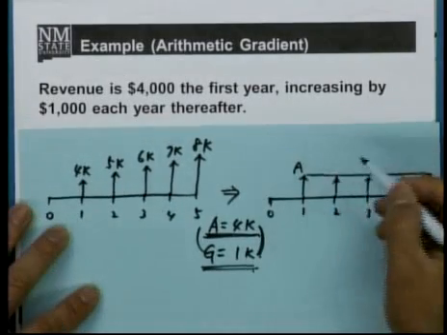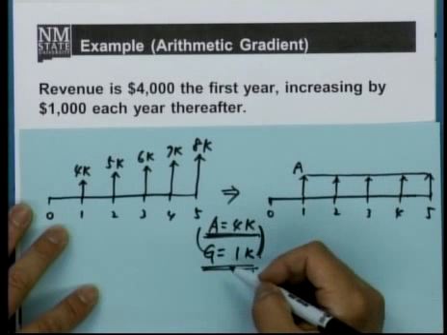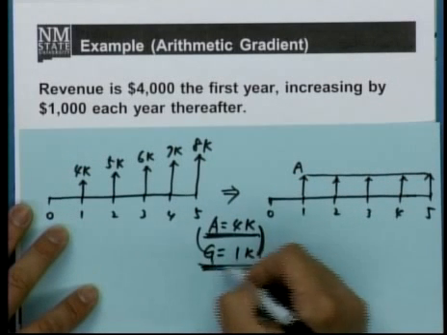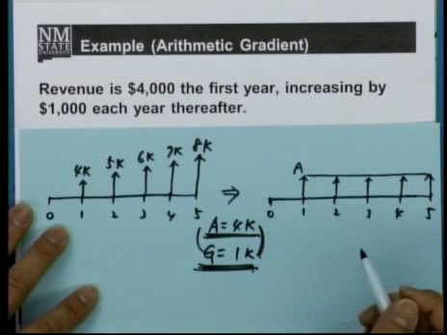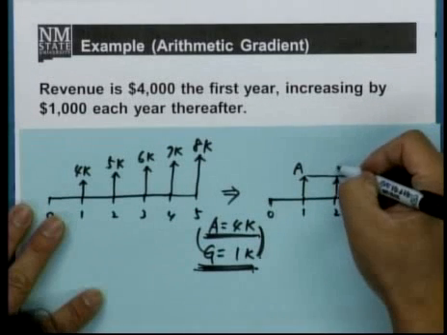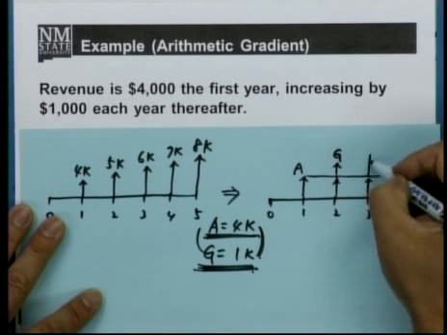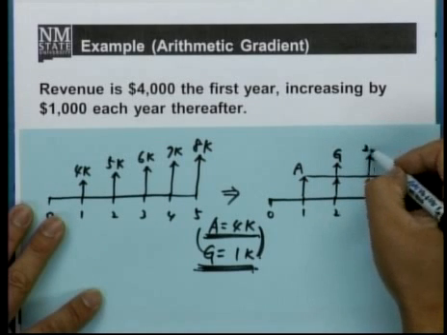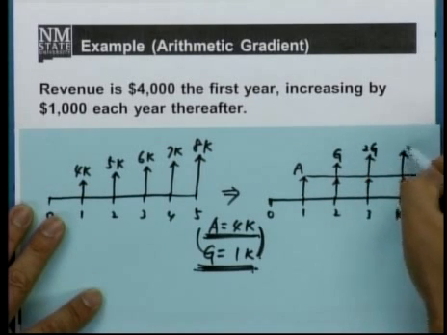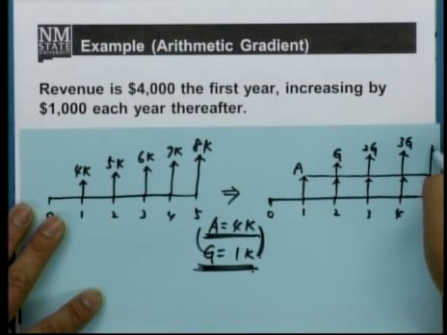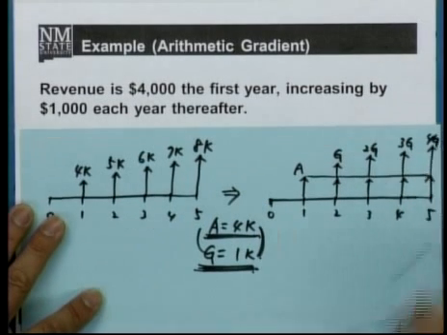And then the arithmetic gradient is 1,000. So here we have 1G, there is 2G, 3G, and 4G, right?